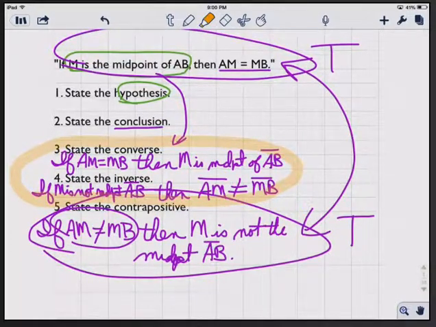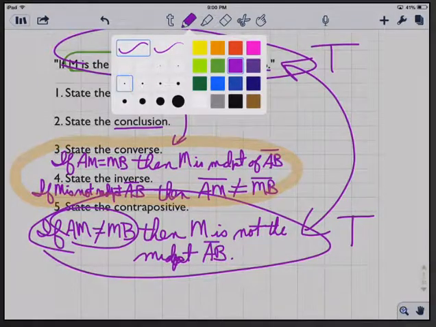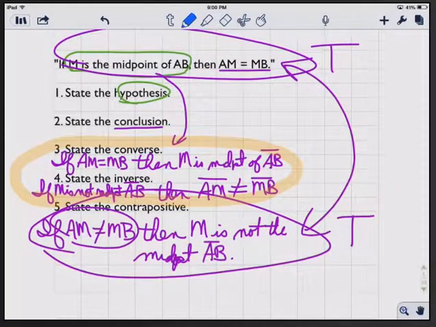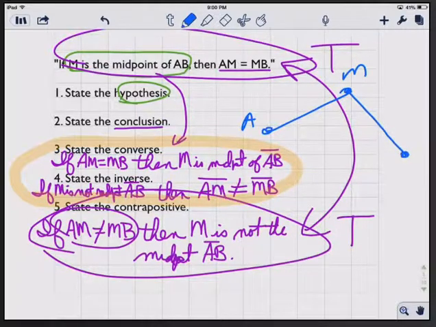In this case, if AM is equal to MB, you might have a diagram that looks like this. AM and MB. Those two segments could possibly be equal, but M is not the midpoint of segment AB.